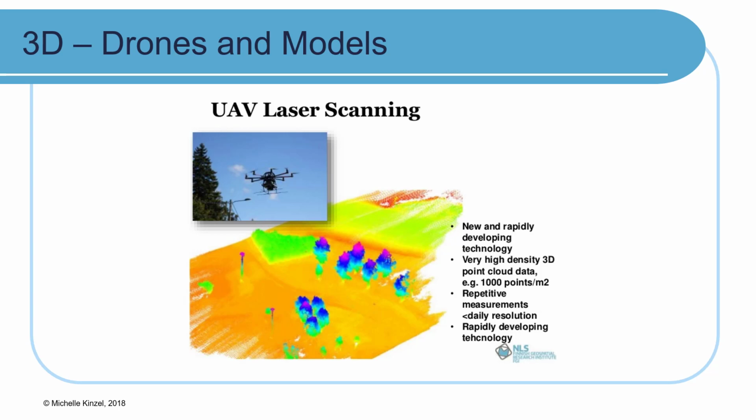Drone technology is new and rapidly developing, and it can produce very high-density 3-dimensional point cloud data as shown here. For example, it could have 1,000 points per square meter. It allows for repetitive measurements, and for intense and repeated sampling up to daily resolution.